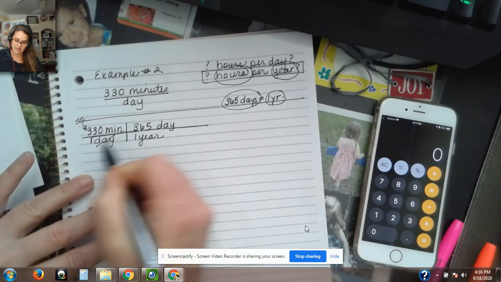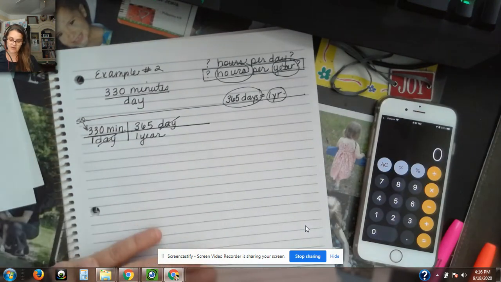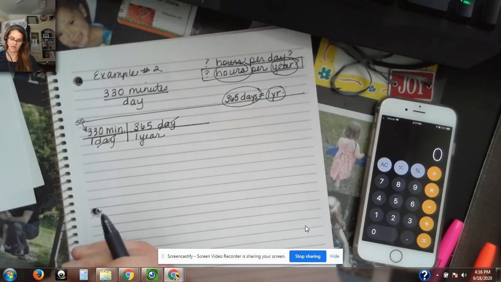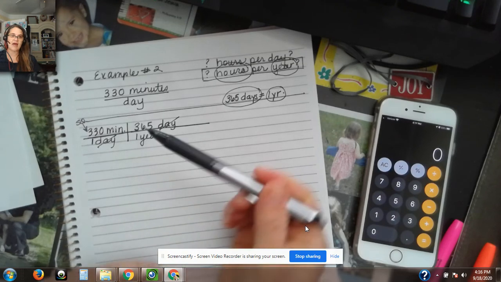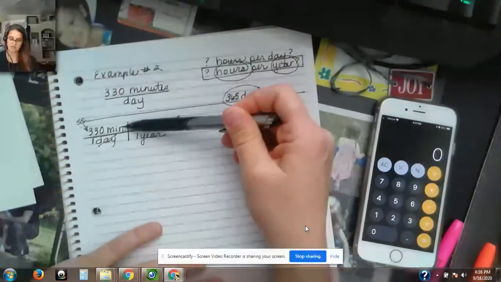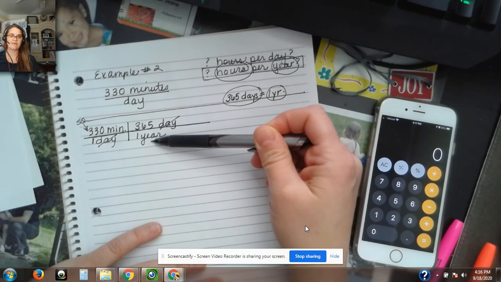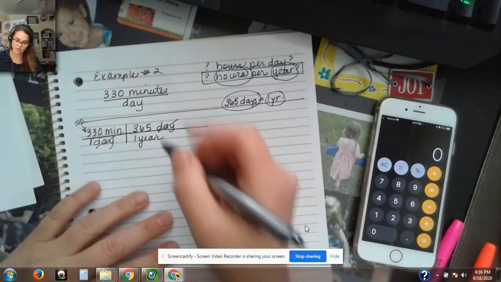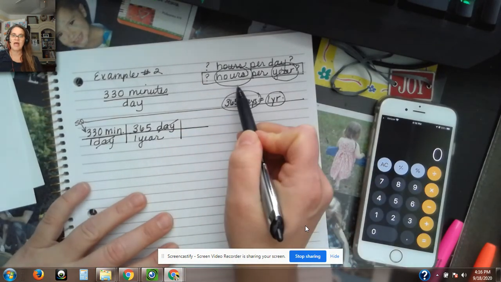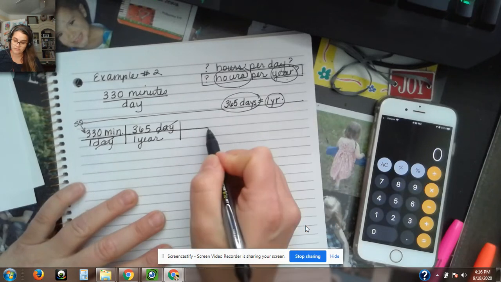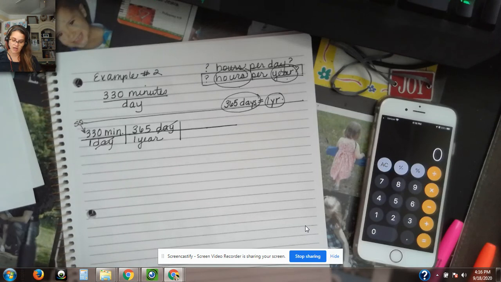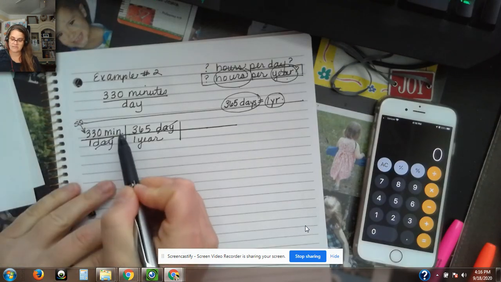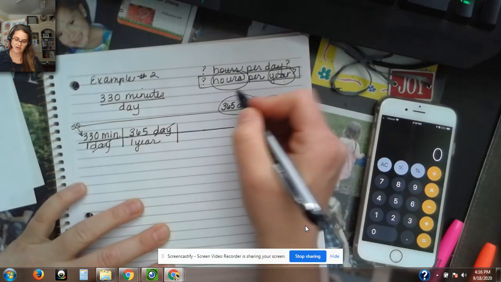Now day and day cancel out. If I were to solve the problem right now and put it into my calculator, 330 times 365, I would have how many minutes per year? Does that make sense? Now I want to keep going because I'm trying to get to hours per year. So I need to get from minutes to hours, and we know a conversion factor for this.